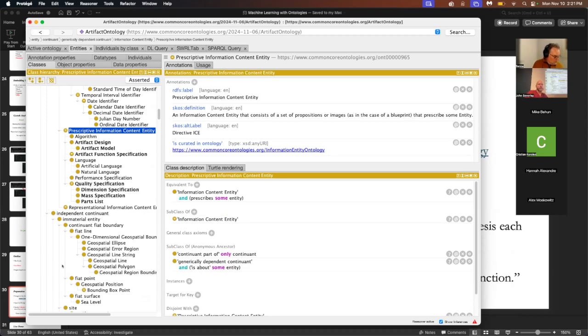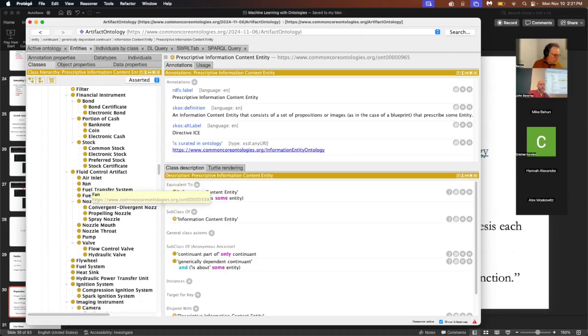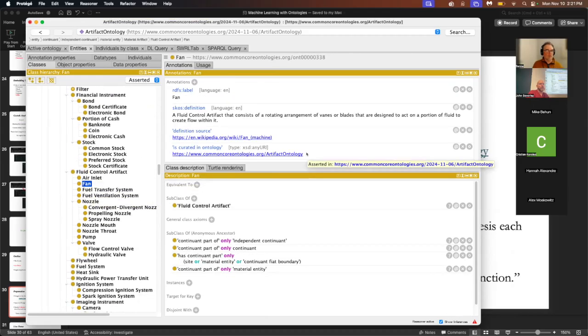They noticed it'd be very easy to come up with counterexamples of material artifacts when you're just describing the state. It's not hard to come up with an example, right? Just a fan. Fluid control artifact: consists of a rotating arrangement of vanes or blades that are designed to act on a portion of fluid to create flow within it. So why the design constraint there? Well, is a fan that's not rotating still a fan? Yeah, it could be, it's just not rotating.